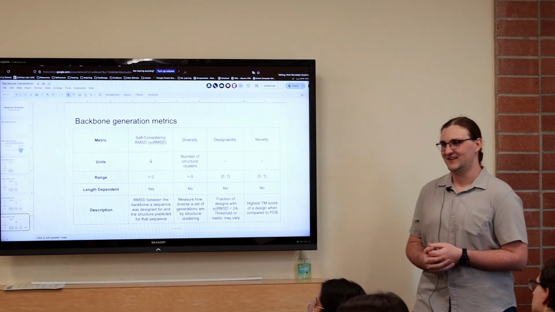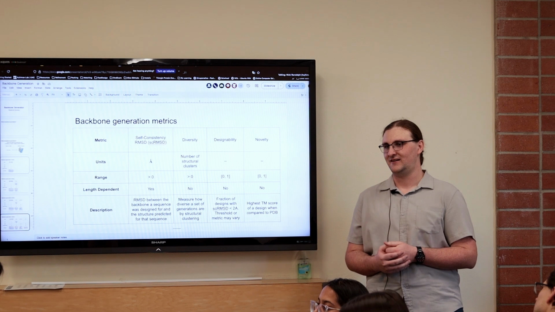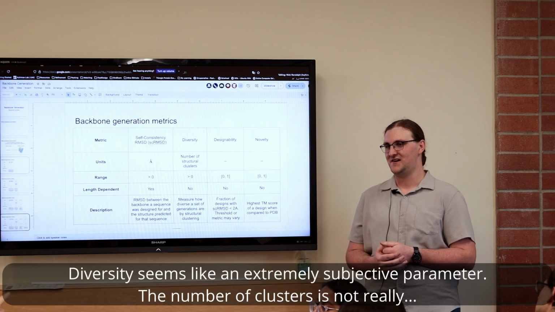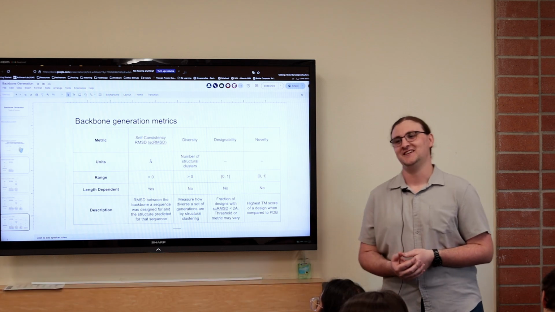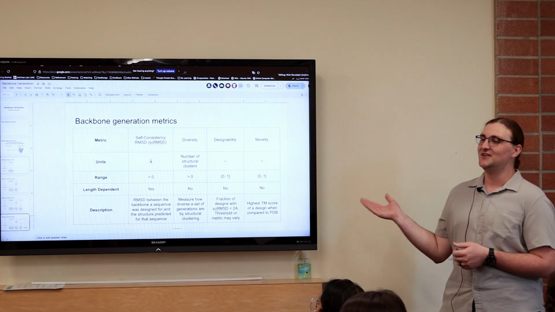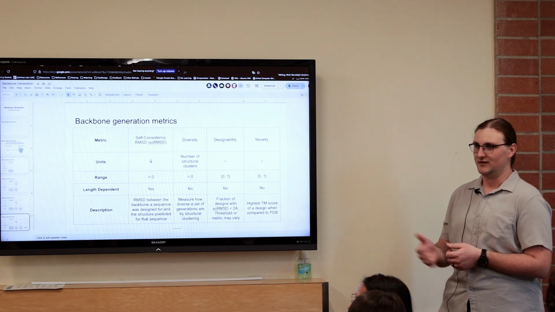Yeah. Sorry, this question was already answered, but diversity seems like an extremely subjective parameter. Like the number of clusters is not really... Yeah, I agree. It's also not the only way people measure diversity.